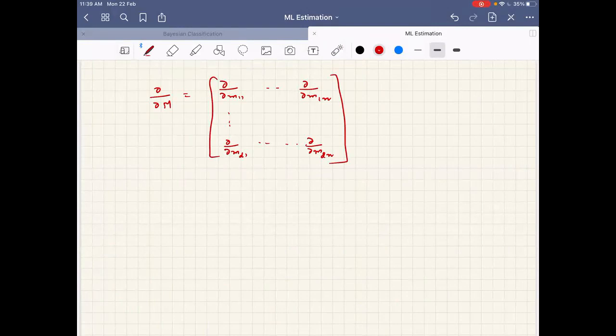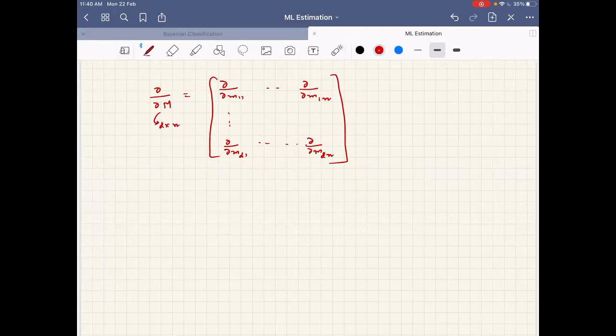If M is a d cross n matrix, we can define it like this, because what essentially we want is the variability of the function with respect to each element of the matrix.